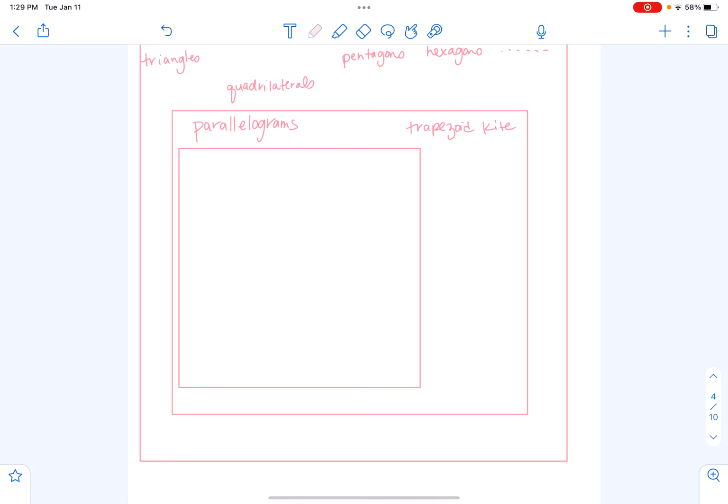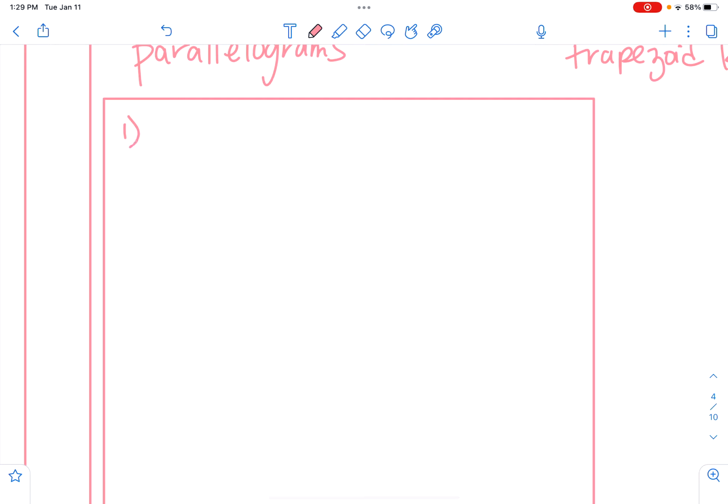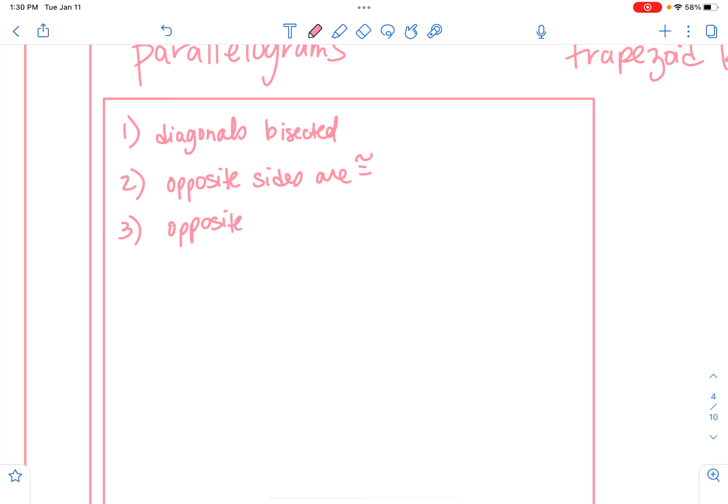4 main rules. The rules were that diagonals are bisected. We had that opposite sides are congruent. We had that opposite angles are congruent.